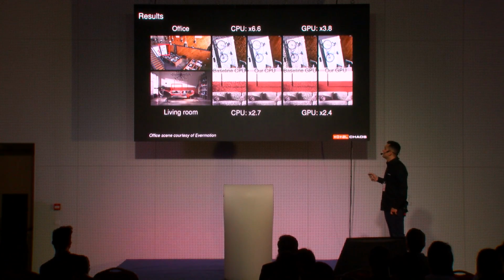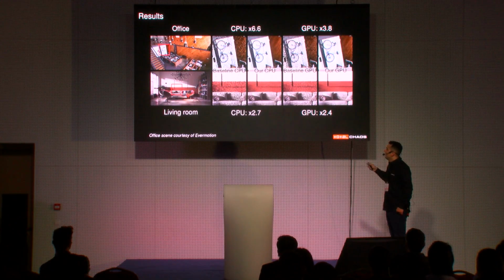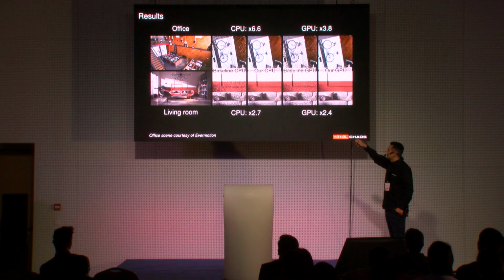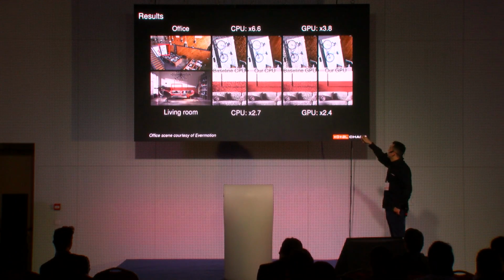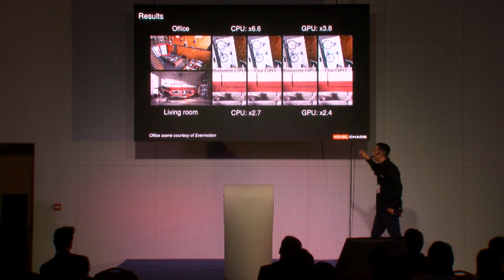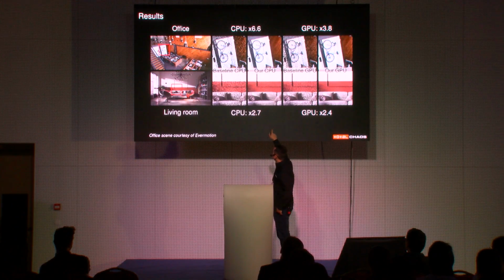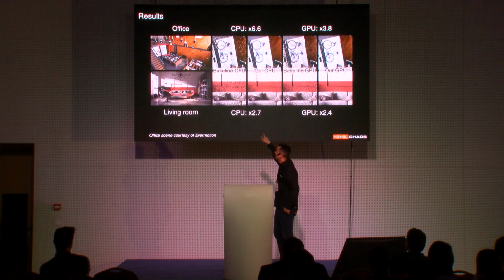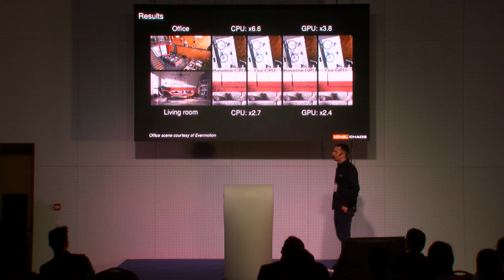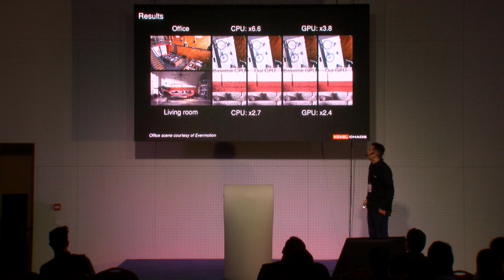So these are results from our algorithm. These are two scenes, living room and office, and I have shown here some small insets. We have here without our algorithm, and then with our algorithm for the same computing time, and you can see there is observably less noise using our algorithm.